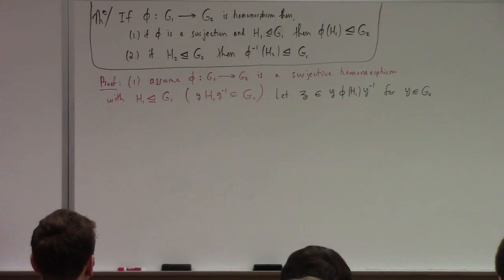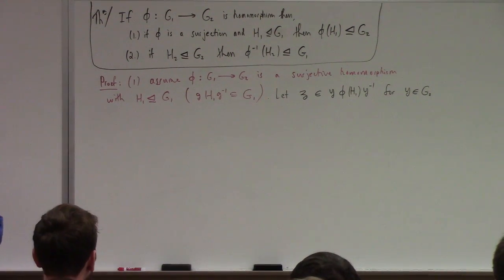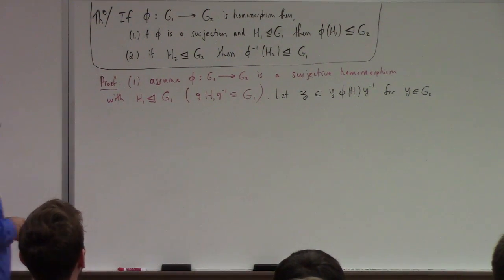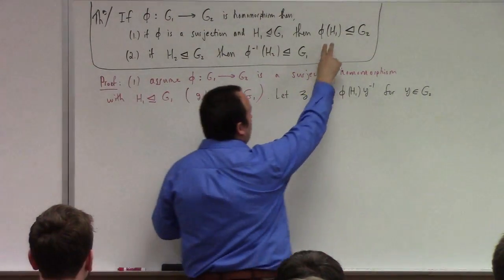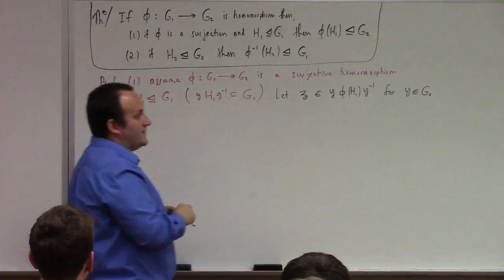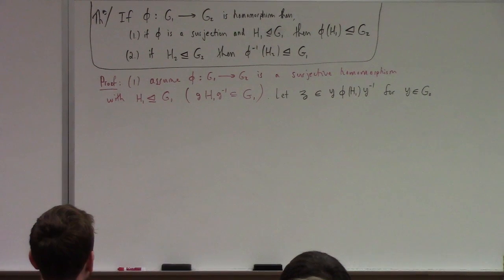I want to show that Z is in phi of H1. If I can show that, that shows that the conjugation of the image of H1 is a subset of the image of H1, which is to say that the image of H1 under phi is a normal subgroup of G2.